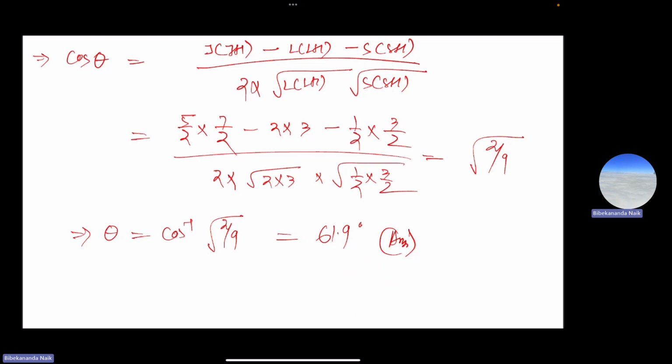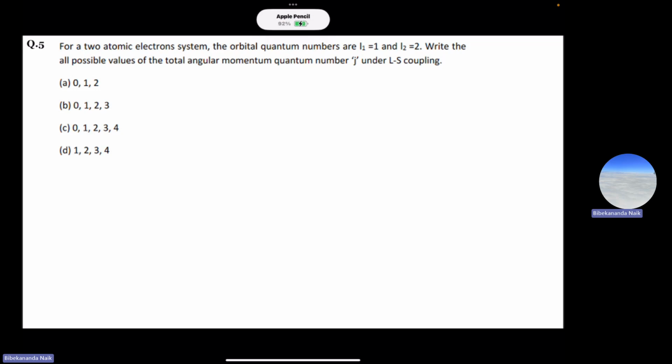Options are option A 0, 1, 2, option B 0, 1, 2, 3, option C 0, 1, 2, 3, 4, and option D 1, 2, 3, 4. I'll give you a few minutes to try this question and then I will discuss.